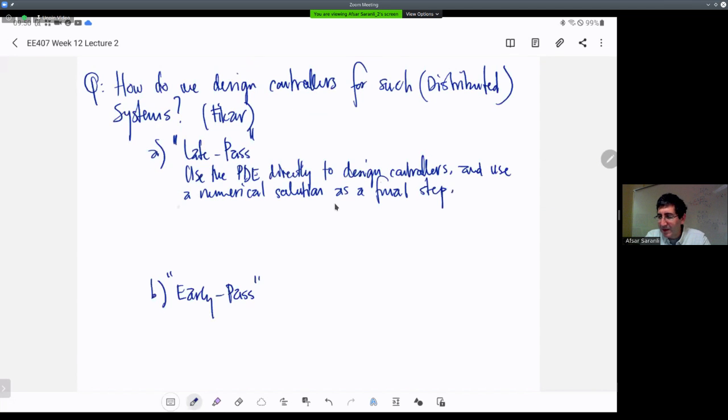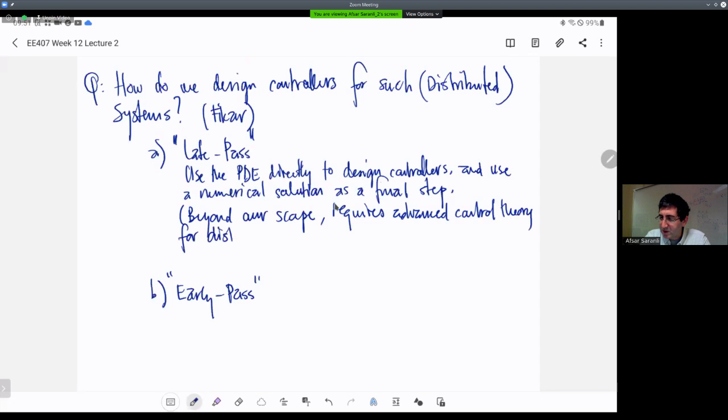Okay, now that's going to be beyond our scope because that really requires advanced control theory for distributed systems.